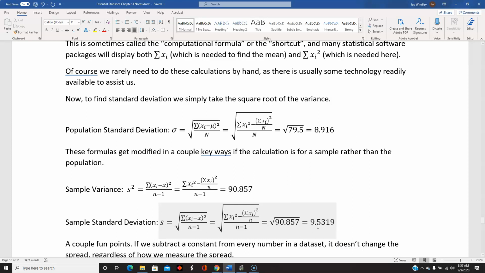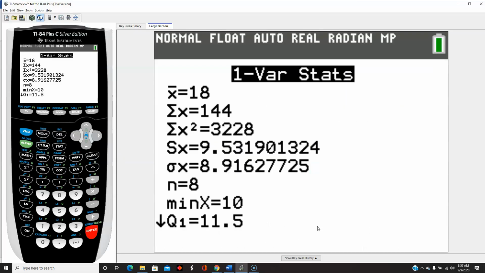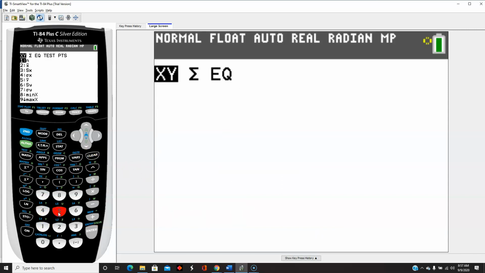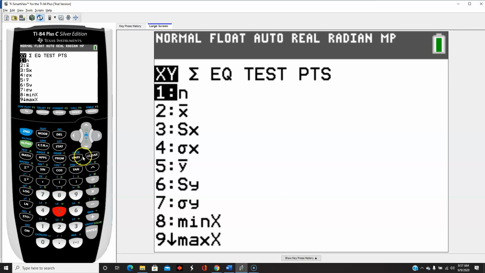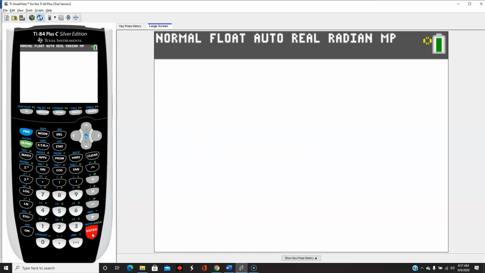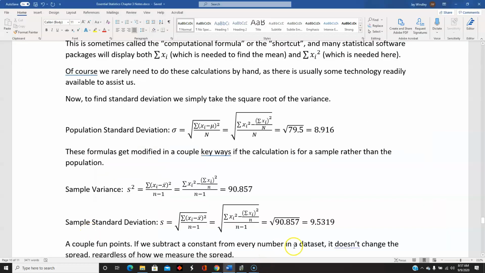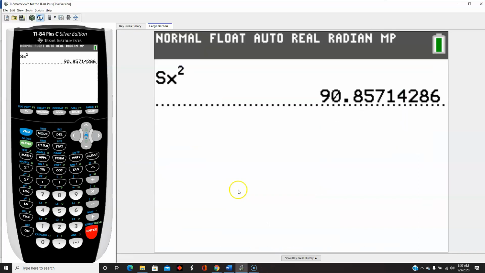It doesn't give you the variance, but it's pretty easy to find the variance. This S and sigma are both stored on the calculator. So if I take the S for standard deviation and I square it, there's the 90.857 from here, so there's the variance.